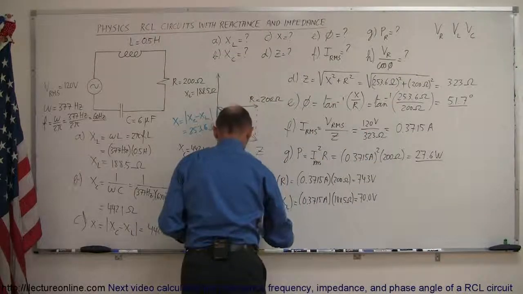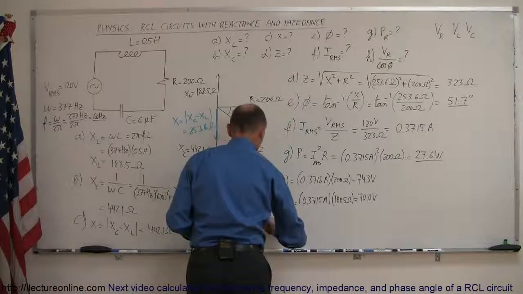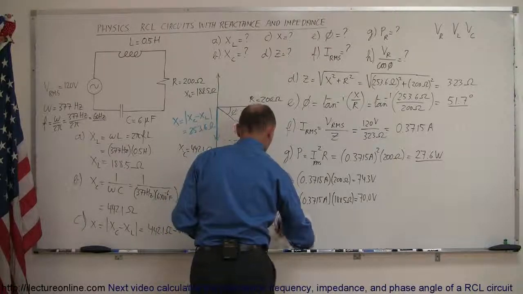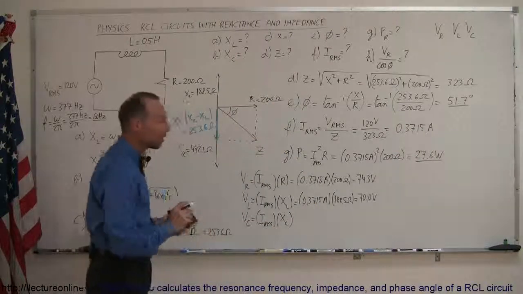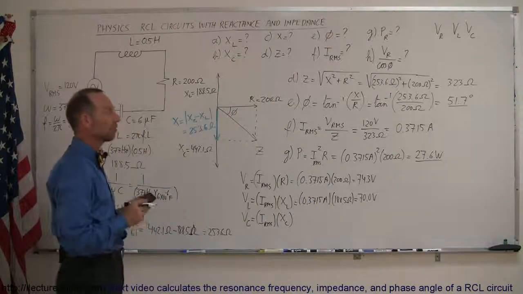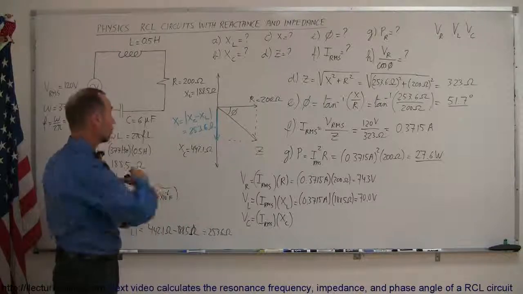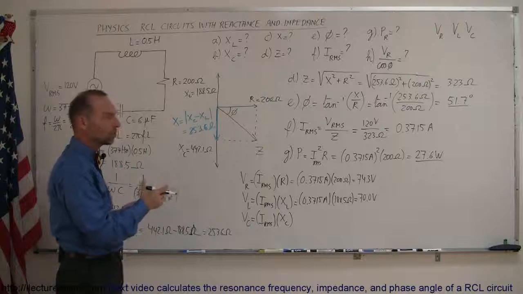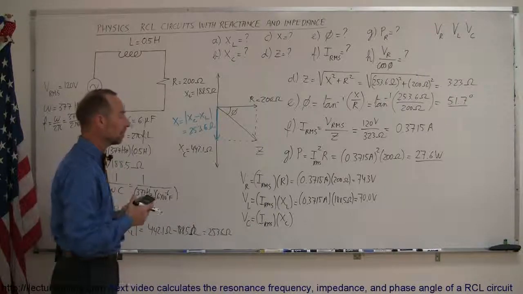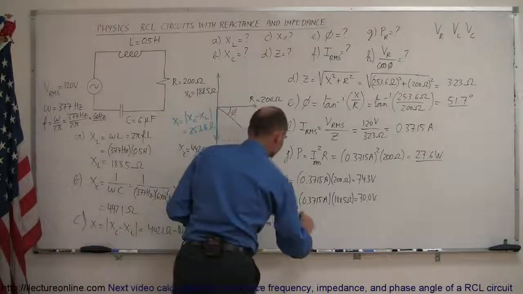And finally, the voltage across the capacitor is IRMS times X sub C. Now, of course, that's not the constant voltage across each of the devices because that will change because it's a voltage varying circuit. The voltage across these devices will change. This would be like what we would consider the maximum voltage at any point in time during the cycle.